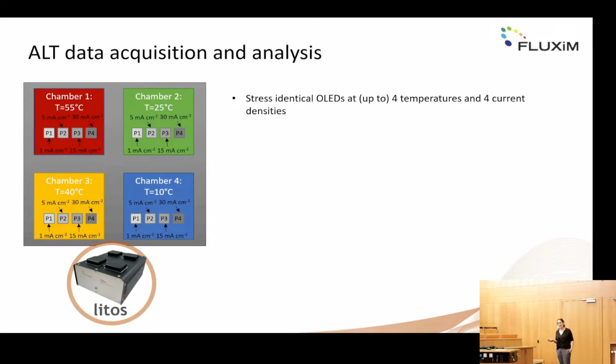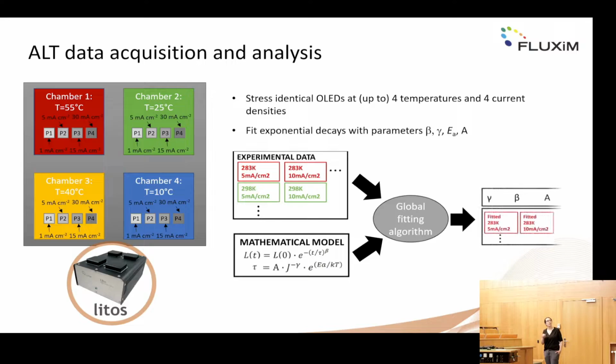We have 4 chambers, so we can have different temperatures in each chamber, and we can have up to 8 pixels, but here we only used 4, and we drive these pixels at different current densities. Then we have this experimental data, so up to 16 cells. We have this mathematical, empirical model. We do a global fit, so we fit all the decay curves together, and what we get is the scaling parameters and, of course, the decays.